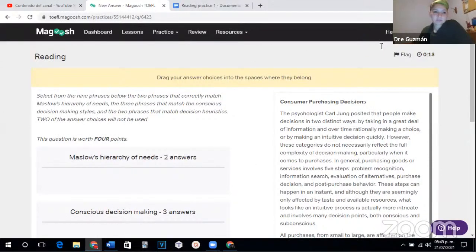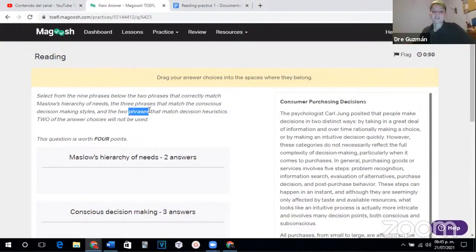Okay, select from the 9 paragraphs below, the two phrases that correctly match Maslow's hierarchy of needs, the 3 paragraphs that match the concessions, decision-making styles, and the 2 paragraphs that match decisions, say heuristics. Heuristics. 2 of the answer choices will not be used.